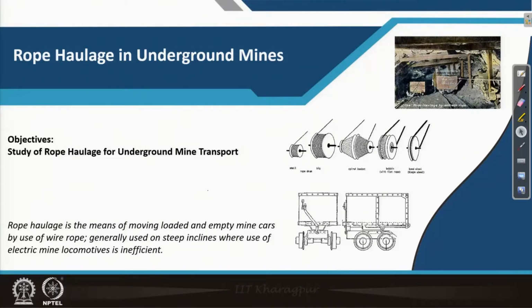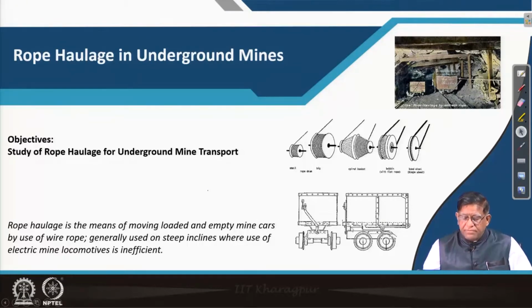In rope haulage, these mine tubs, as you can see here, can be tilted; they are locked at this end. This can be unlocked and it can dump the material from the side, or there are some such cars where the wheels on one side can be raised and then it can be discharged sideways also.